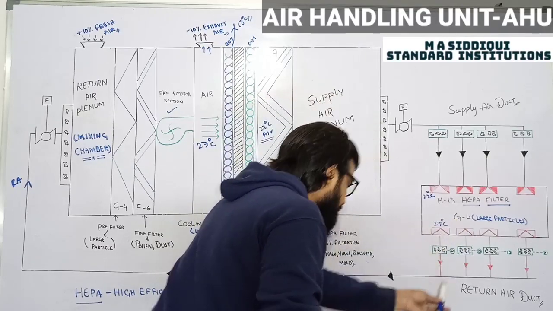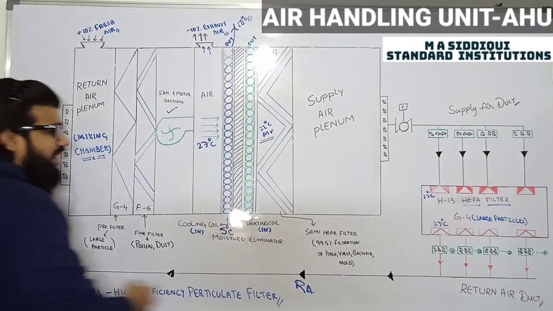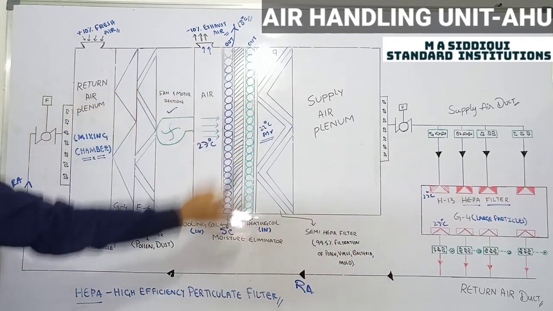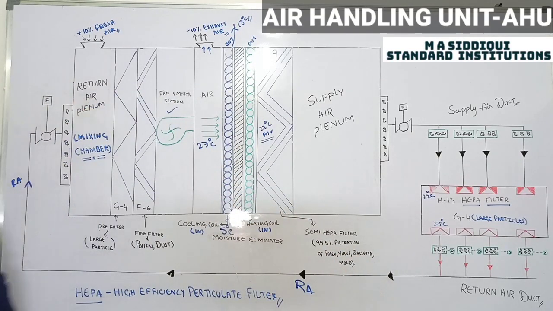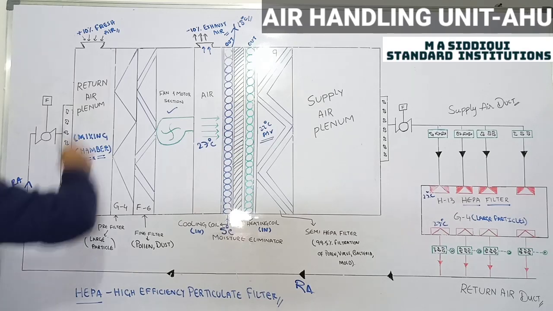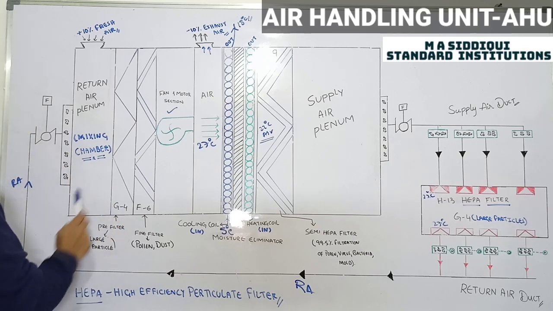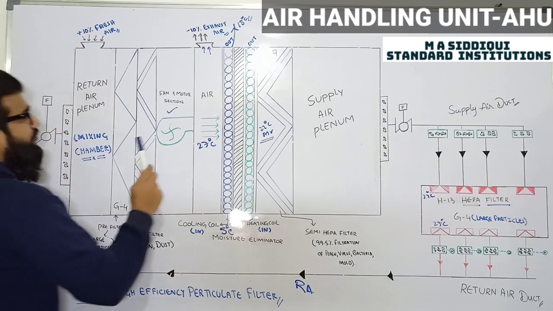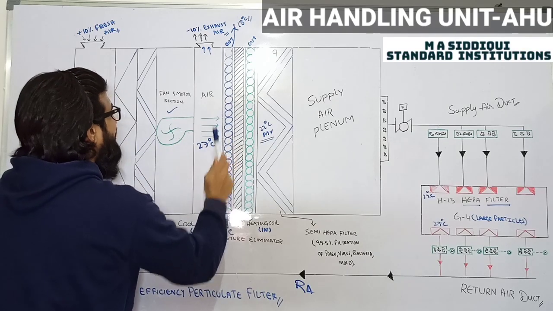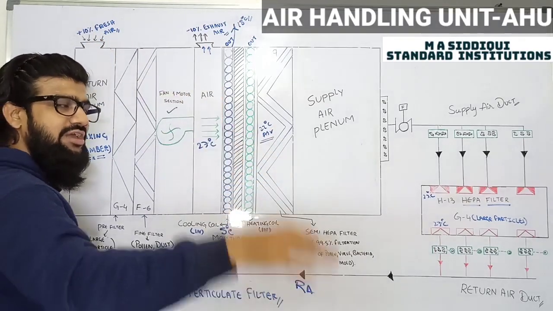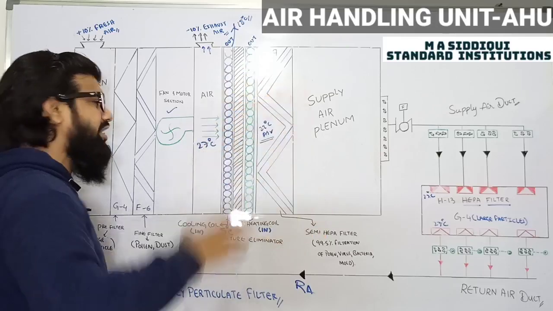Again this air will be taken back by your return air duct, because the fan is moving, so it takes the return air from the opening of the return air plenum box, and from the fresh air it takes 10%. Again it gets filtered by G4 and F6, and from here it blows the air to the coils, and 10% will be exhausted to maintain the proper CFM given for the AHU.